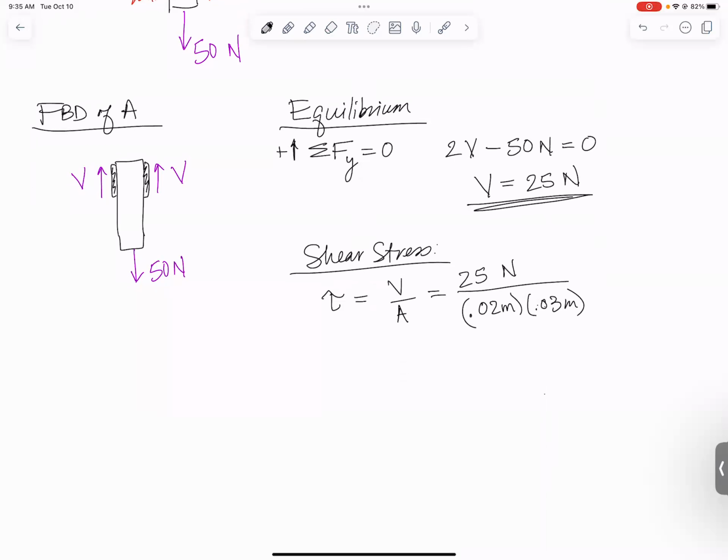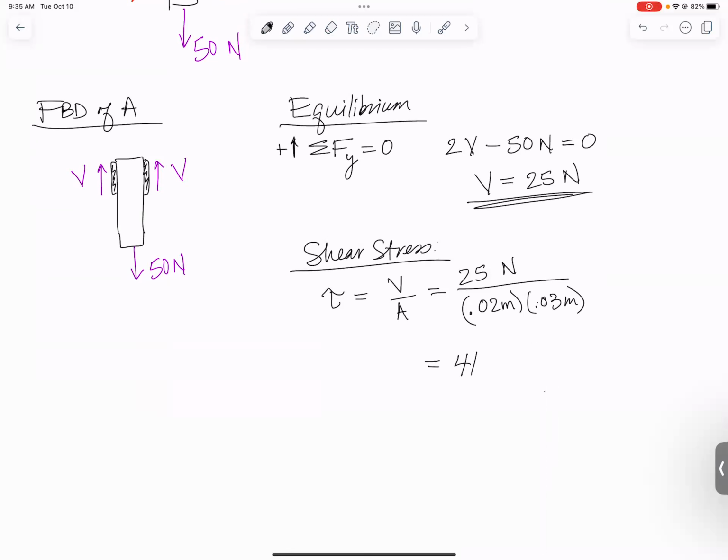If we calculate that, we get 41,667 pascals, which you could write as 41.67 kilopascals if you wanted.